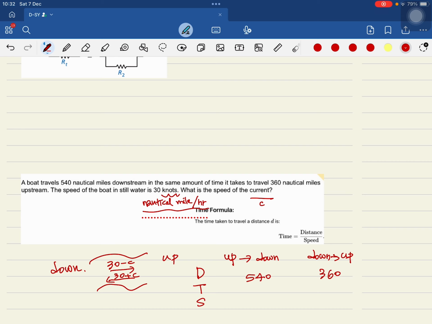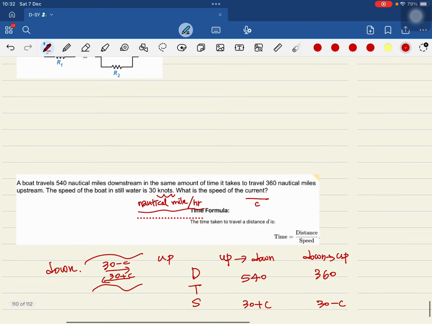The speed is 30 plus C, and here 30 minus C. In the same amount of time.